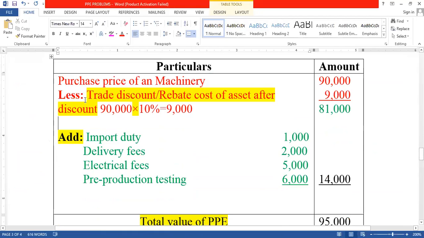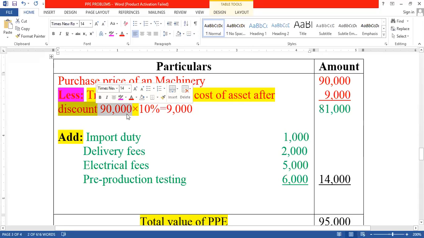After this, less. What are we going to deduct here? The less item is trade discount or rebate, giving the cost of asset after discount. Here, 10% is the trade discount, calculated on the purchase price of the machinery. The purchase price is 90,000.